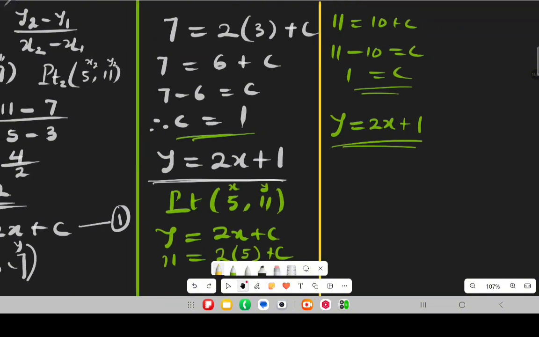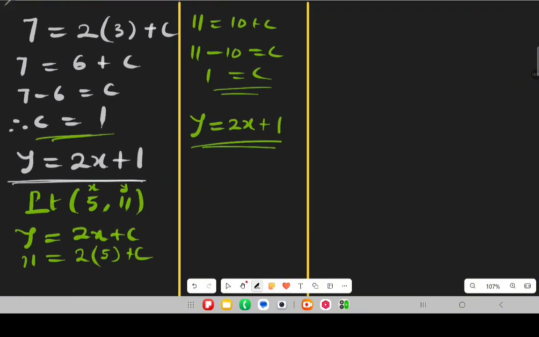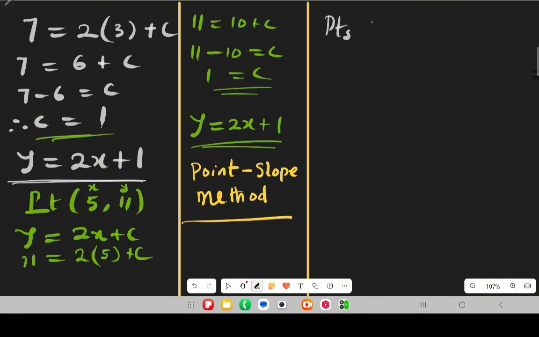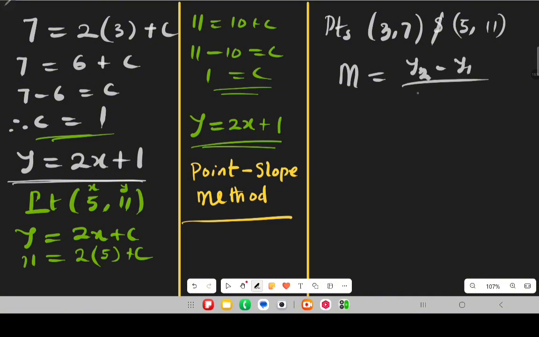Now we proceed to the second method, which is called the point-slope method. We first of all find the gradient, using the same process. The two points given are (3, 7) and (5, 11). The gradient m equals the increase in y over the increase in x, which is y2 minus y1 all over x2 minus x1.